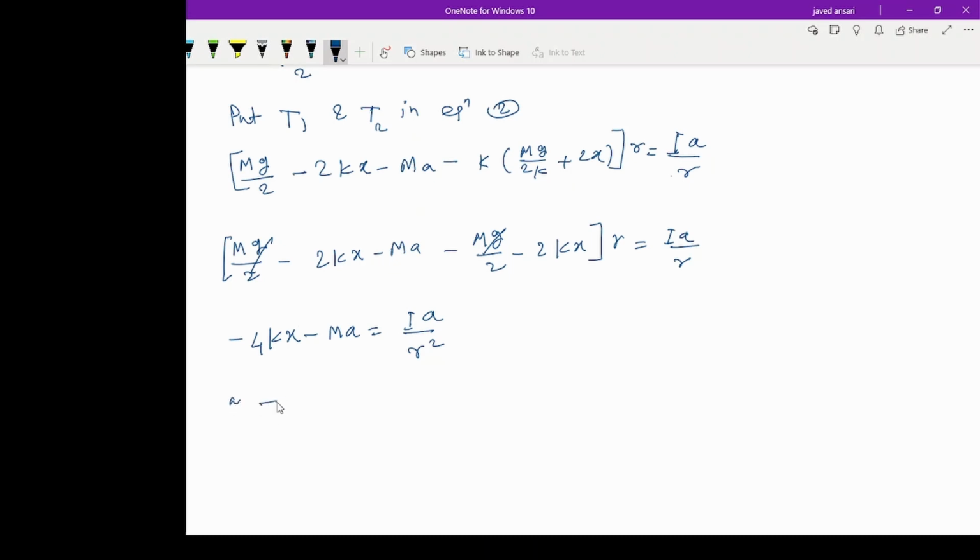Or minus 4kx equal to m plus I by R square times a.